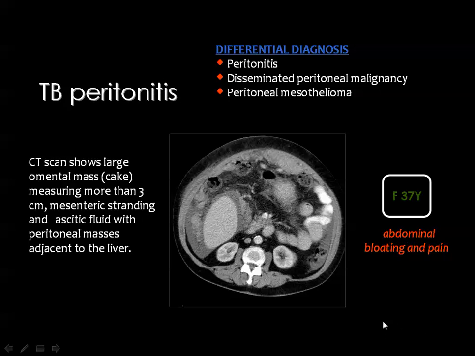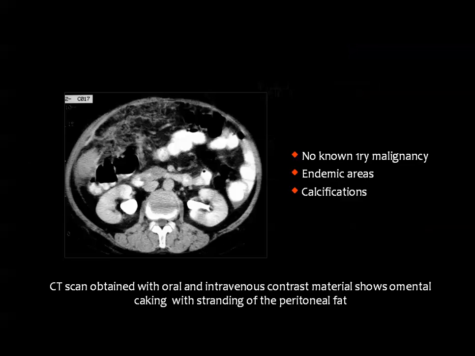Then tuberculous peritonitis is suspected in endemic areas, in the presence of lymph nodes, in the presence of pulmonary tuberculous lesion.